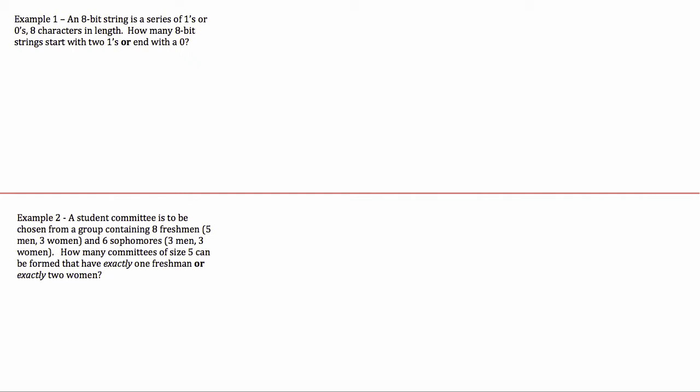In this example, we're looking at 8-bit strings, of length 8, since it's an 8-bit string. Essentially what we have here is a slot diagram containing 8 characters. So our slot diagram looks something like this. And each slot would have the ability to have two objects in it, either a 1 or a 0.